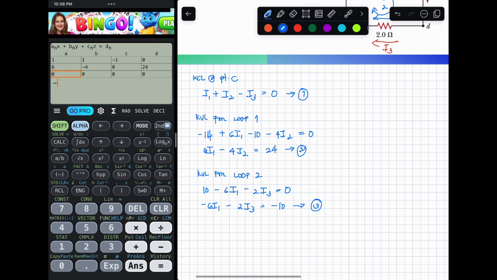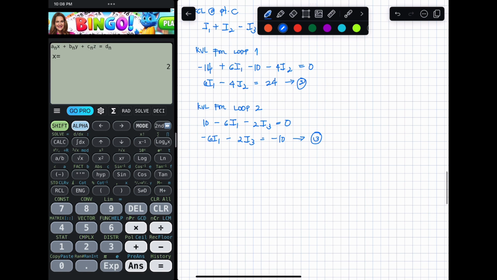Then we have negative 6 I1, 0 for I2, negative 2 for I3, and negative 10 for the source.